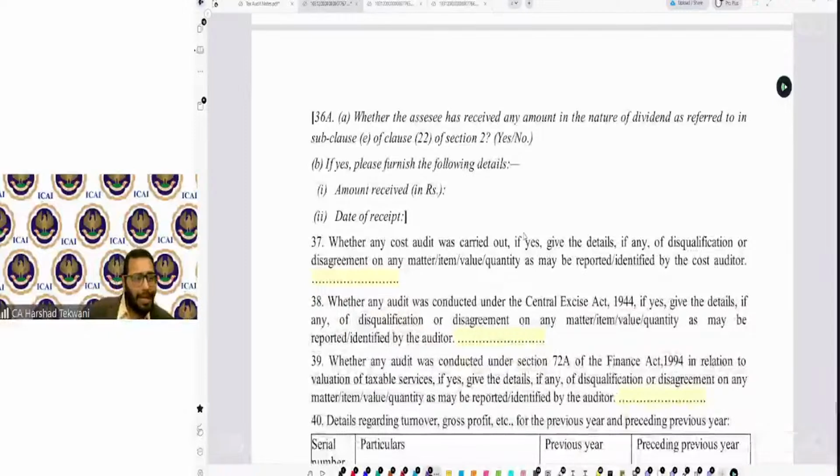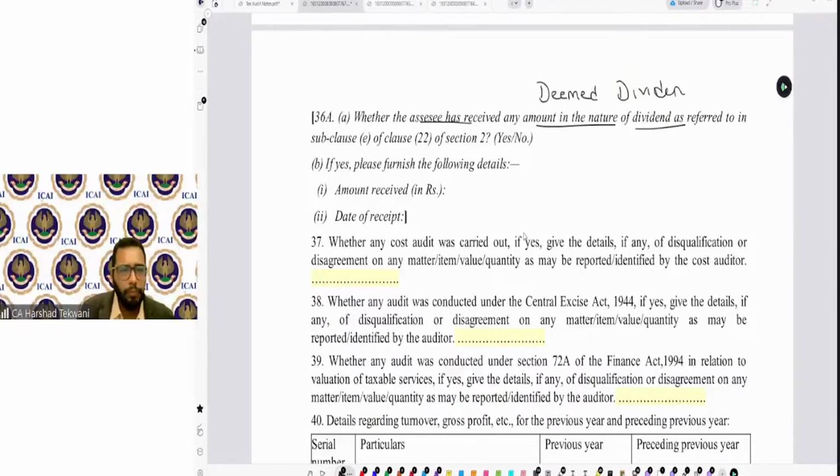Then 36A. Again, 36A is with respect to section 2(22)(e), deemed dividend. If the assessee has received any amount in the nature of dividend, then you need to provide the amount received and date of receipt.